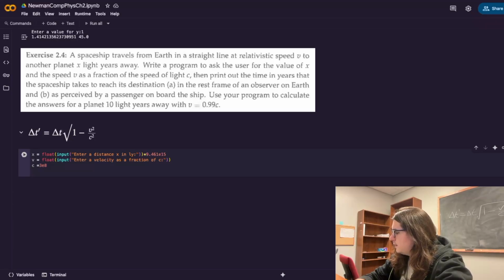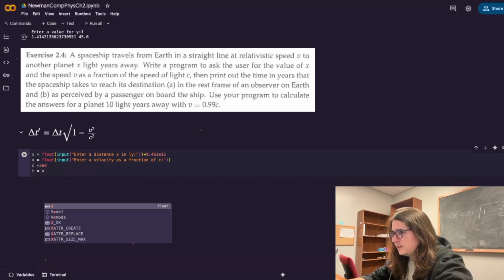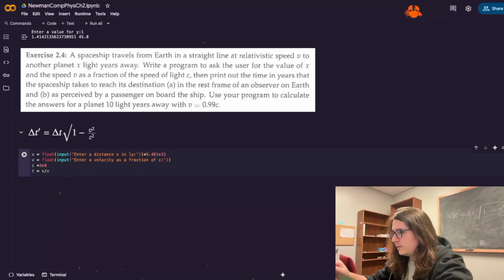And then, so yeah, t, the time frame on Earth, is just going to be the distance x divided by the velocity v. And of course, velocity is given as a fraction of c, so we have to multiply it by c to get a velocity in meters per second. So it's just that.